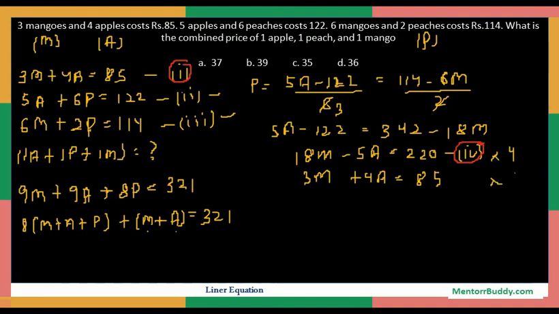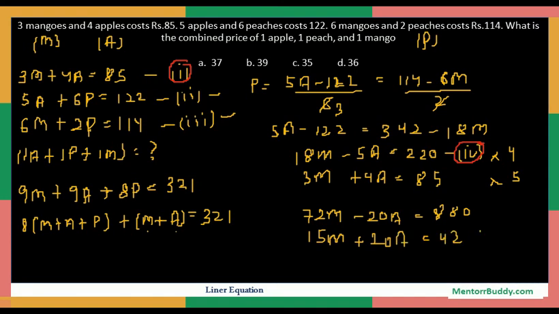The new equations will be 72M minus 20A is equal to 880, and 15M plus 20A is equal to 425.